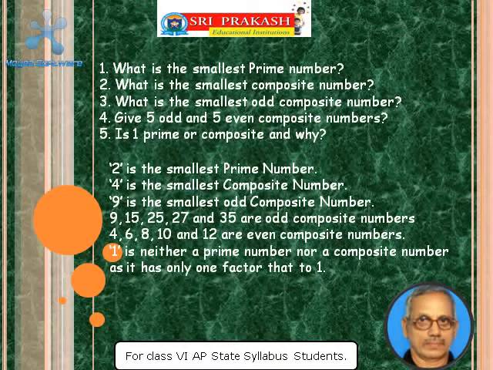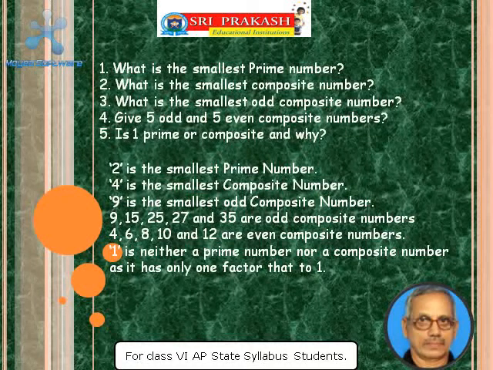First of all, let us take odd numbers: 1, 3, 5, 7, 9, like that. 1 is not a composite number. 3 is not a composite number because it is a prime number. 5 is also a prime number. 7 is also a prime number. 9 is a composite number, the smallest odd composite number, because 9 has factors 1, 3 and 9, more than 2 factors.